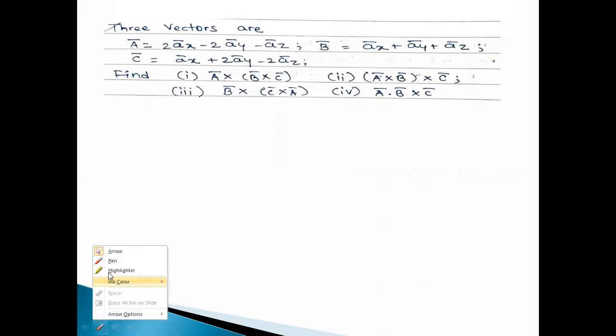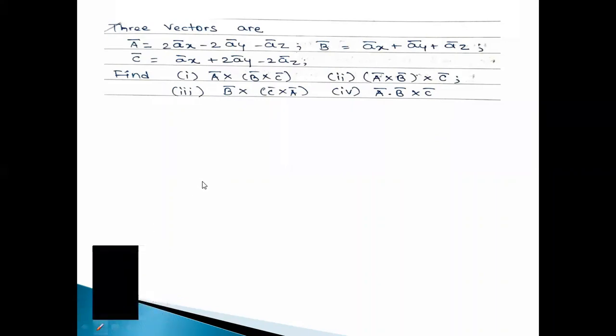First three, any doubt, any problem? Can you tell me your answers? Yes, for the first one: 1 a bar x plus 2 a bar y minus 2 a bar z. Correct. Just wait for a minute.